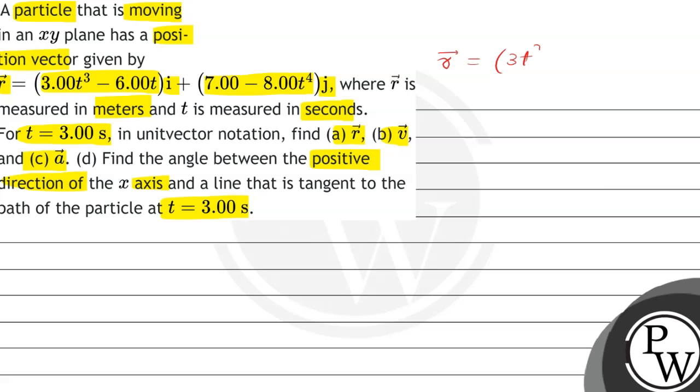This is 3t³ minus 60 i cap plus 7 minus 8 into t raised to the power 4 j cap, where r is in meters. So students, at time t equals 3 seconds पर हमें बताना है कि इस पार्टिकल का पोजीशन वेक्टर क्या होगा, वेलोसिटी वेक्टर क्या होगा और एक्सेलरेशन वेक्टर क्या होगा.